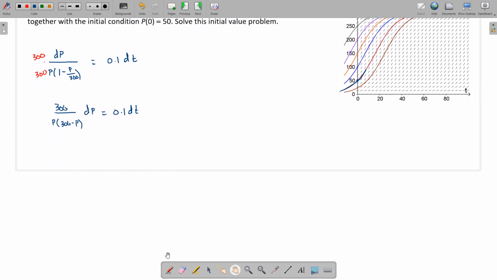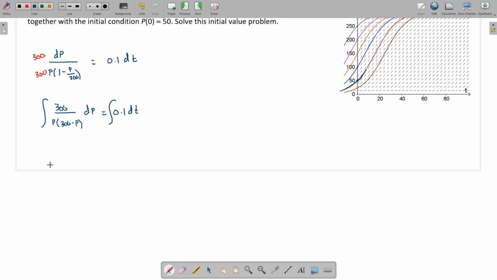Okay, so we want to integrate, but the problem is we don't know how to integrate this expression, and we can't actually do a substitution on that, so we need something else. So we're going to have to remember something all the way back from college algebra.